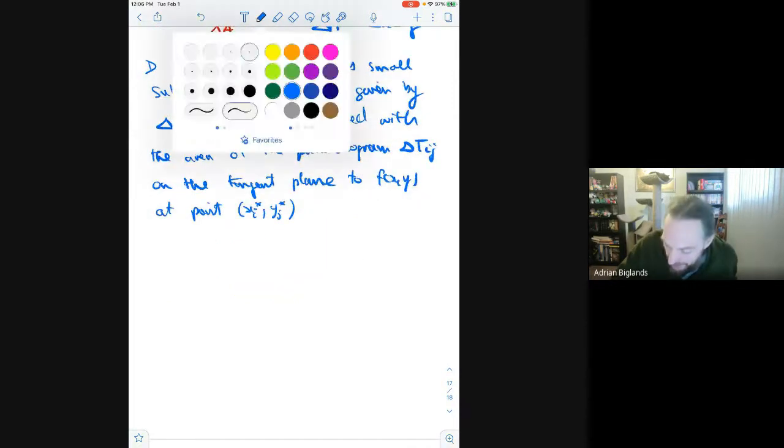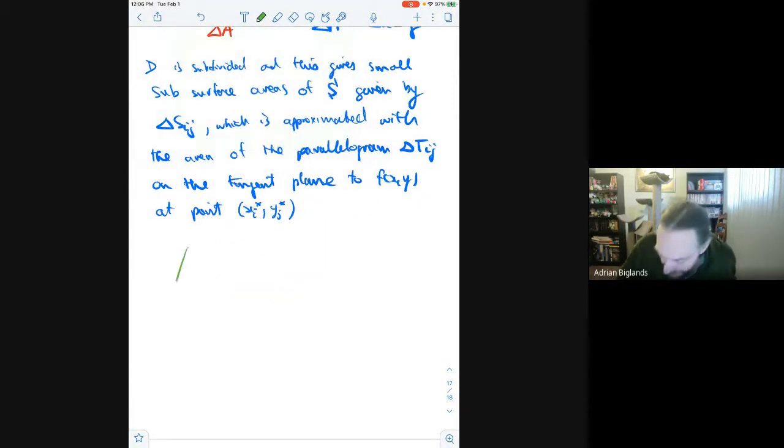And then for the area of this parallelogram, we're going to have these two tangent vectors essentially. And then delta Tij is the area of that thing.